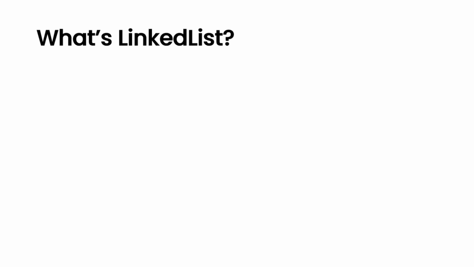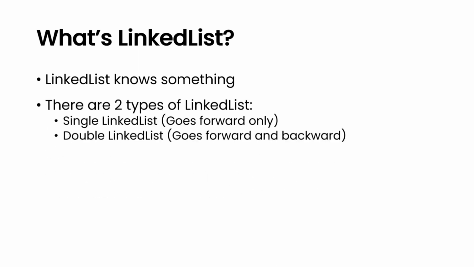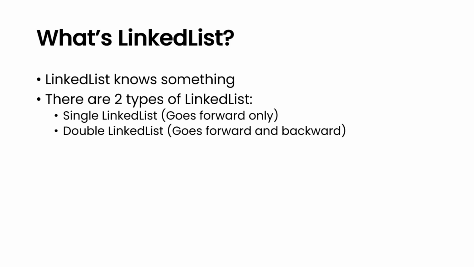I think I'm gonna make a playlist talking about linked lists. Linked list, I really like it. It's a data structure that holds something. A linked list always has some kind of information. It points at other data structures and it works with nodes. So a linked list has two types.